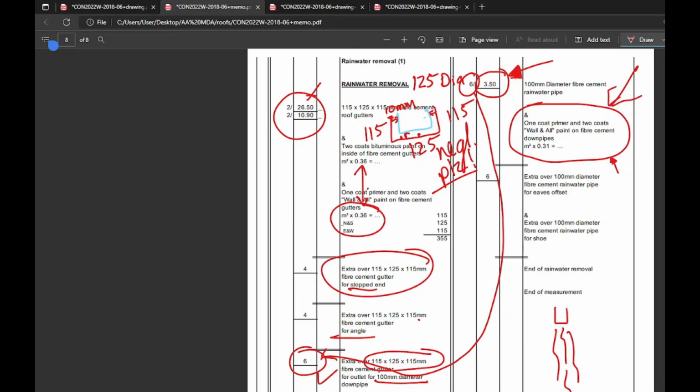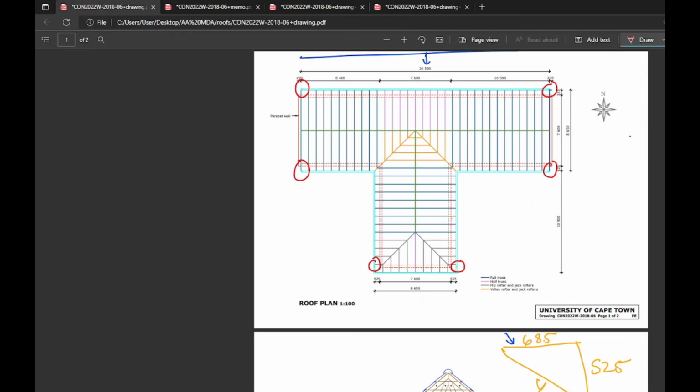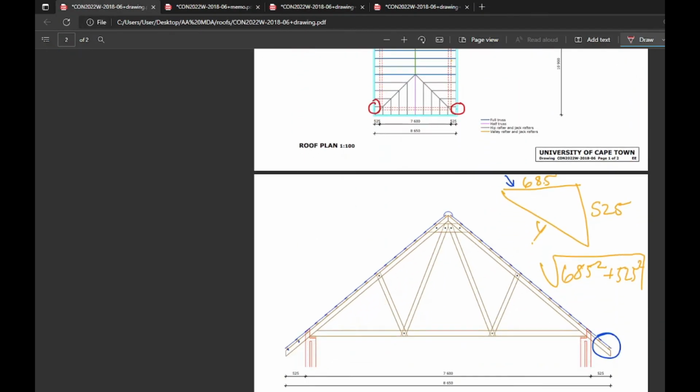And finally, our last description is for our eaves offset and the shoe. Let's hop onto this picture here. The gutter is like this, and if you have a downpipe, if you come down, it's going to make an angle. And of course, it's at this angle so the water can still run. So it's at a slope. This is a fundamental of plumbing, that it must be sloped for water to run down.